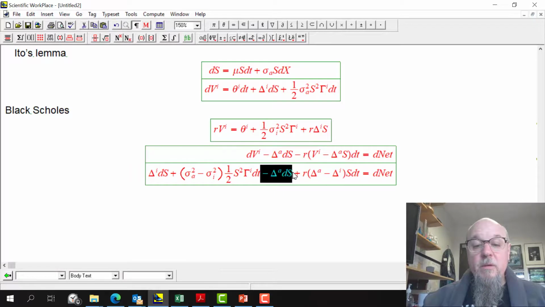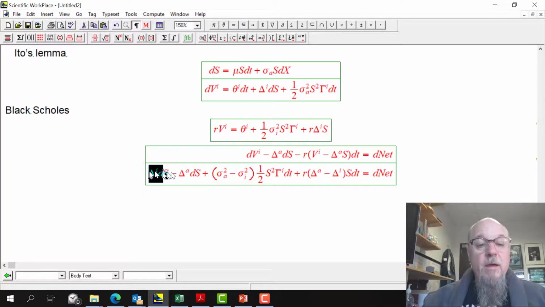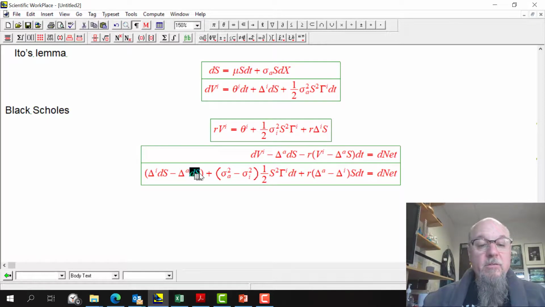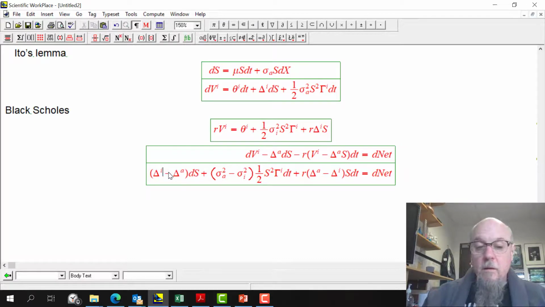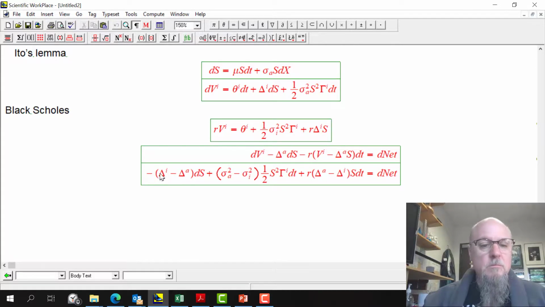If I look at these pieces too, I can do the same thing. I can take out a ds, and now there's just this difference in the deltas. Now I'm going to take a minus sign out so it's the same order.